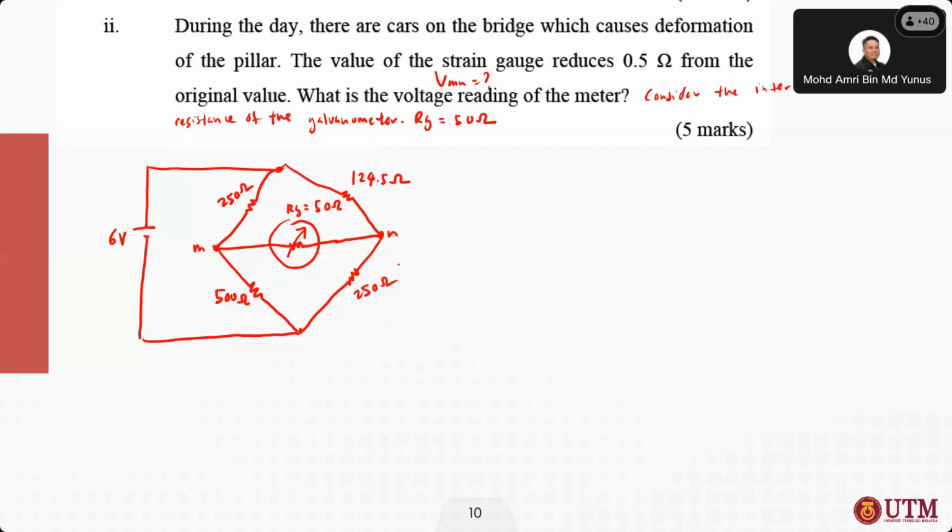At the end of the analysis, we have to convert this circuit into VThevenin, RThevenin, and this is our node MN, and this is our galvanometer resistance, Rg.